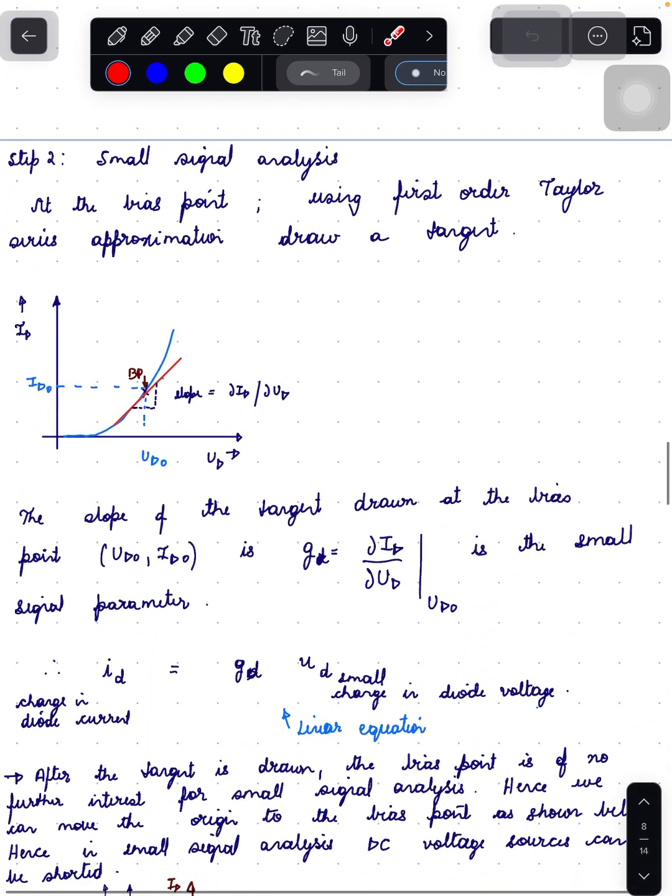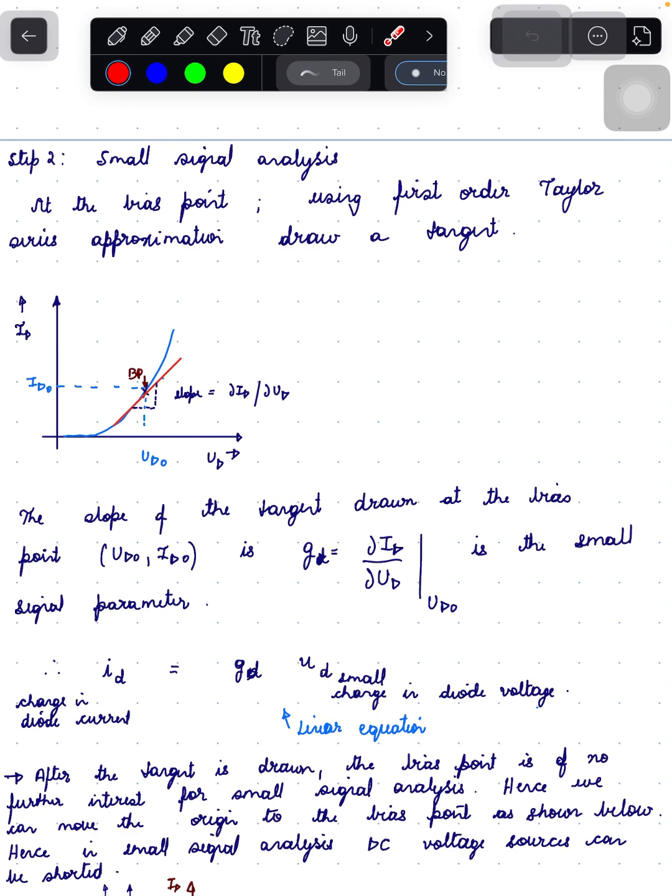So now we found the bias point. This is the curve of the diode. We have the bias point UD0 and ID0. Now we perform the small signal analysis by using first order Taylor series approximation. Draw a tangent at the bias point.